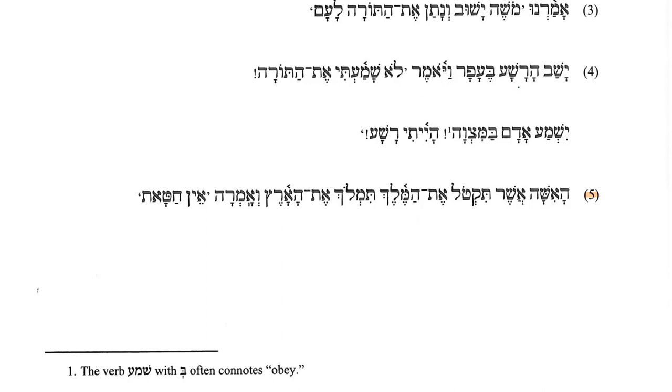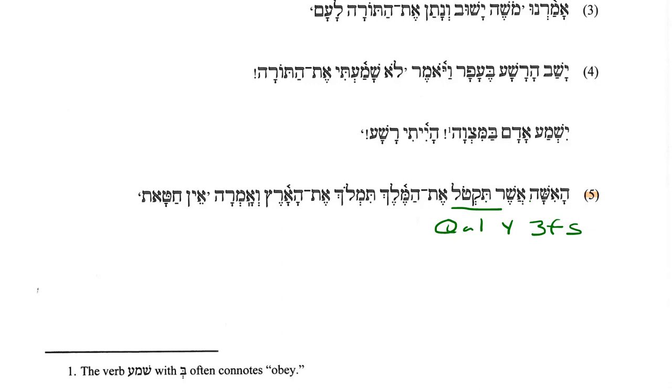So I'll write this out. We have tiktol. So that is a Qal Yiqtol, or I'll just say a Y for that. Qal Yiqtol, and then it's going to be third feminine singular, and that's going to match the feminine singular subject here, which is the woman.